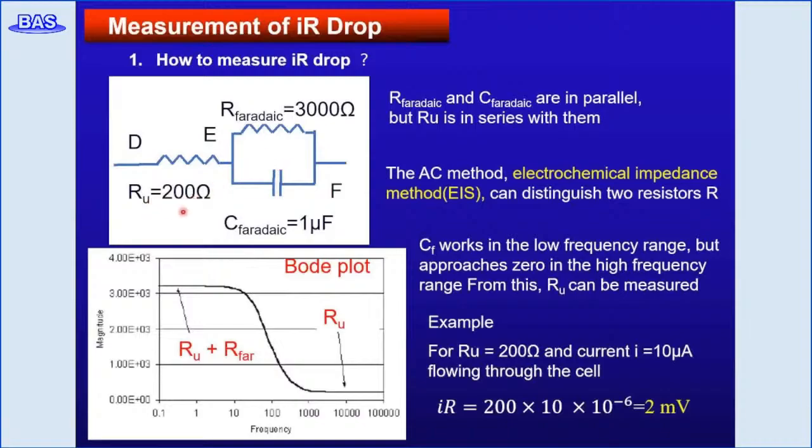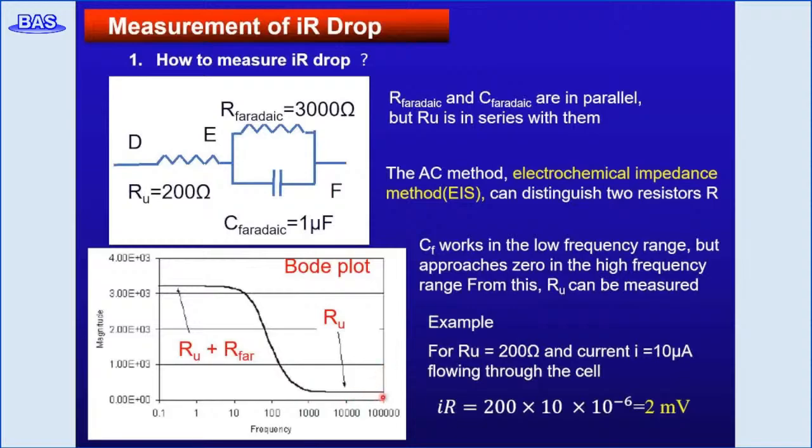At the working electrode, R Faraday and the electrode double layer capacitance C are in parallel, and Ru is in series with them. When this parallel RC and series R circuit is measured by the electrochemical impedance method at different frequencies, the capacitor impedance becomes zero in the high frequency region, and Ru can be measured.